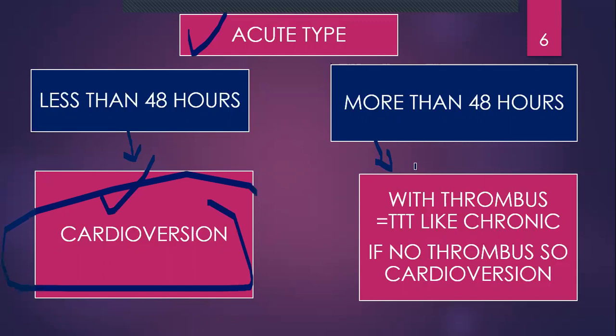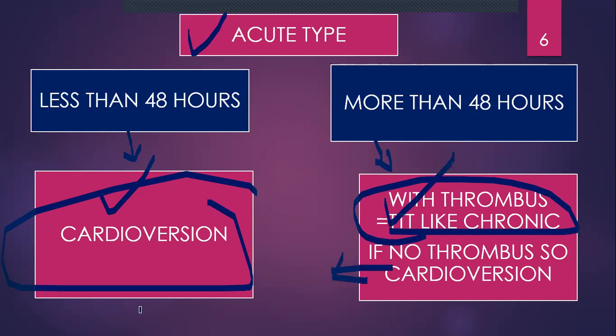If more than 48 hours, you confirm whether there is a thrombus, and if so you will treat it with beta blocker and digitalis until the thrombus is completely cleared by the unfractionated heparin, then you will proceed to the cardioversion. Okay. But if there is no thrombus, proceed to cardioversion.